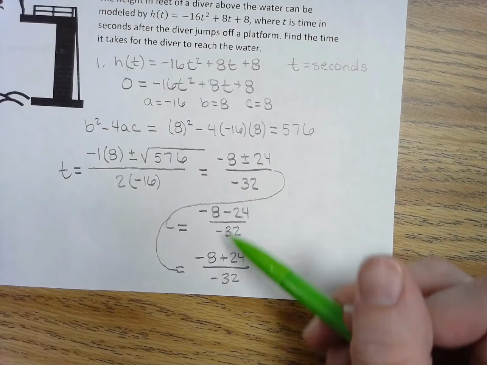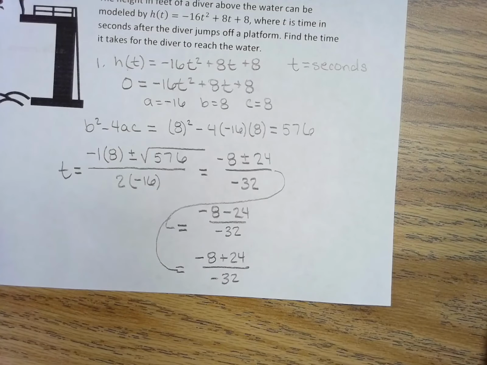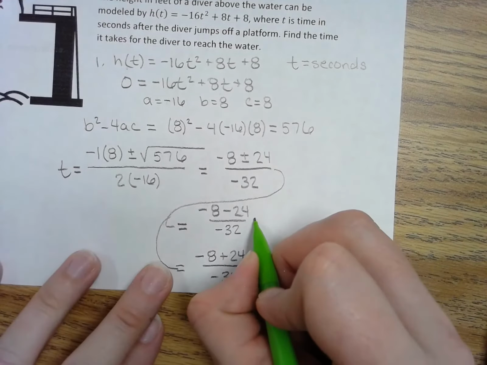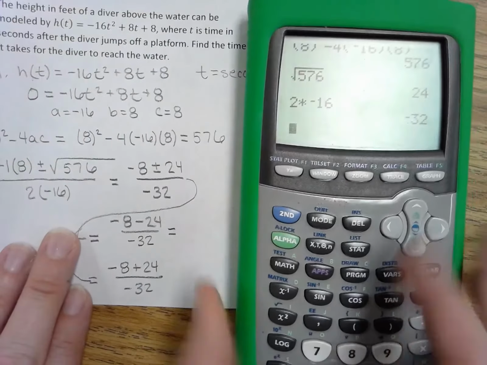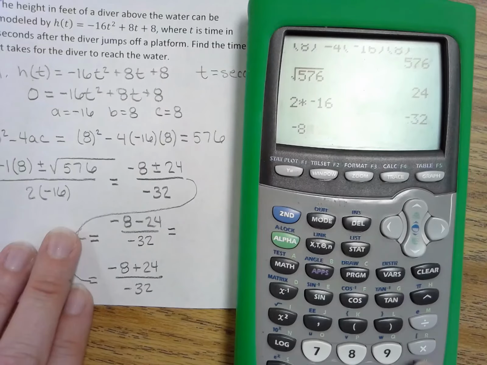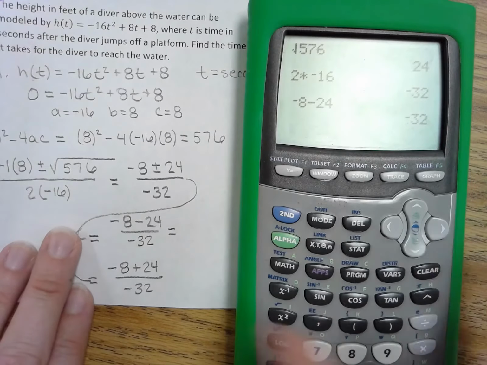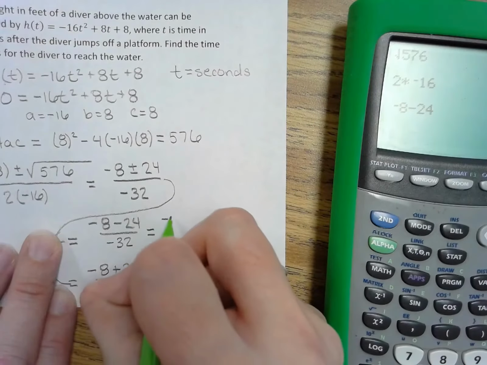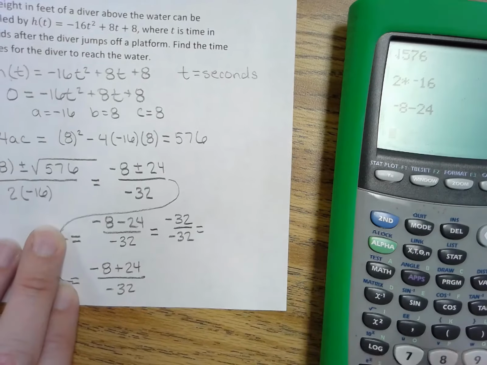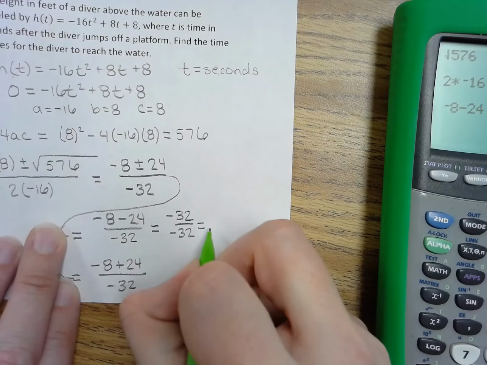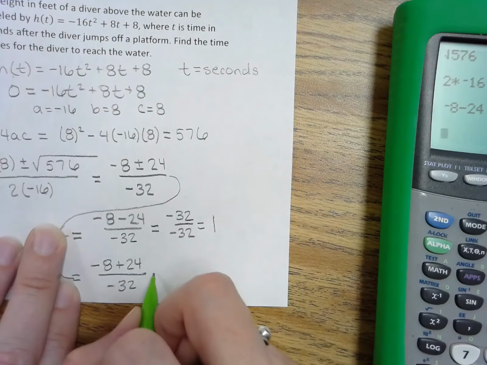Make sure you do both in order to evaluate correctly. So let's continue by simplifying. Here we have negative 8 minus 24. So negative 8 minus 24 gives us negative 32. And then we need to divide that by negative 32. So negative divided by negative gives us a positive 1.